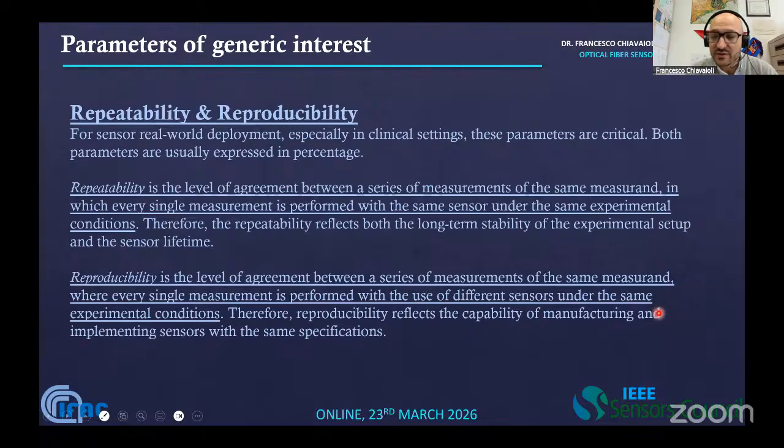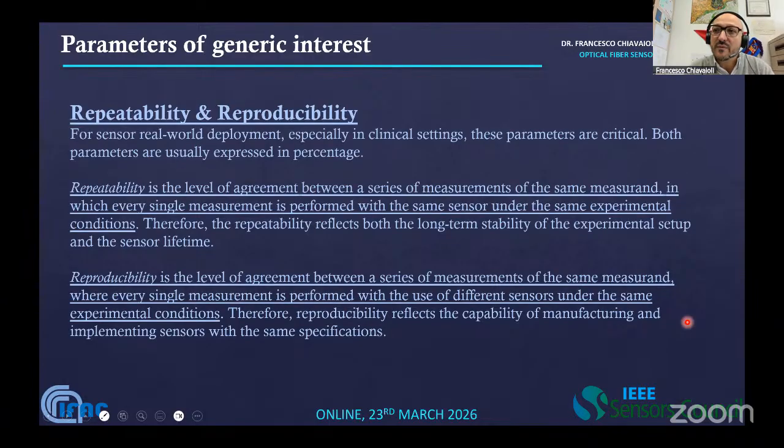Other two important generic concepts in metrology are repeatability of the results, which means the agreement between a series of measurements of the same measurand, where every single measurement is performed with the same sensor under the same experimental conditions. And the second concept, which is quite different, is reproducibility, which is the level of agreement between a series of measurements of the same measurand, where every single measurement is performed with a different sensor of the same type.